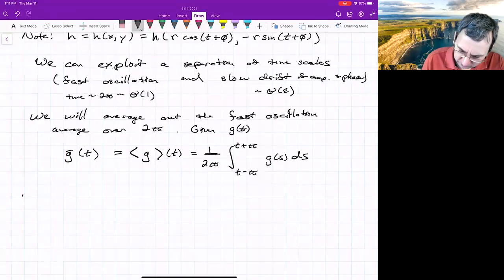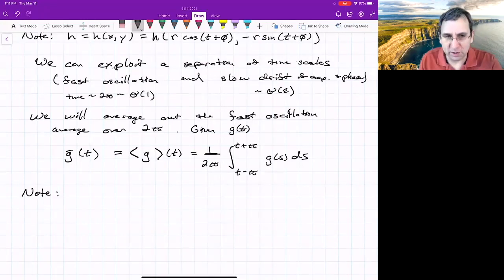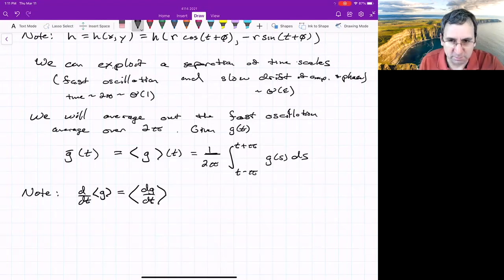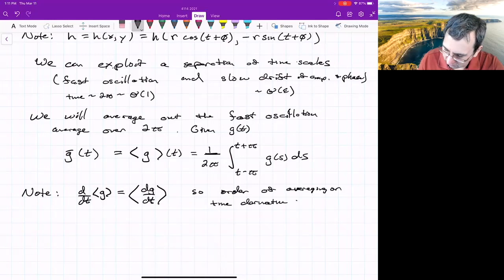There's another thing that we need to note. If you take the derivative and then the average, it doesn't matter what the order of operations is. d by dt of the average of something is equal to the average of the derivative. And you could show that. It's by the fundamental theorem of calculus. So order of averaging or time differentiating doesn't matter.